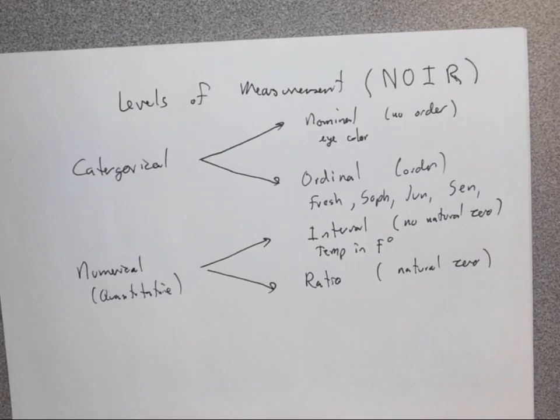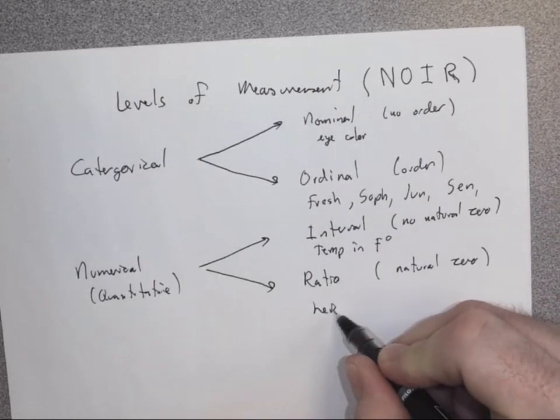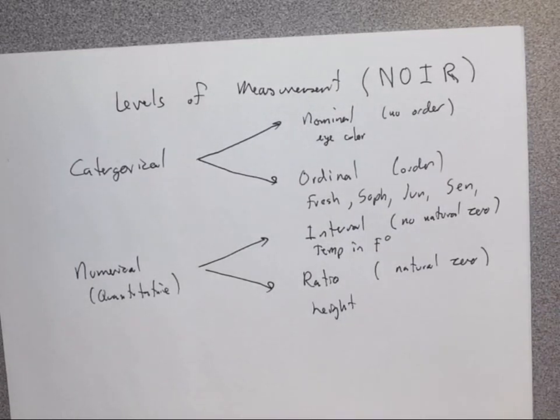If you're 0 height, that means you have the absence of height, which means you're not there. Or you can say cylinders in a car. My height is continuous and cylinders in a car is discrete, but they both have a natural zero. If I say 0 cylinders, then I'm really talking about no engine, so it's the absence of cylinders. So ratio does have a natural zero. I'm going to say height would be a good one right here.